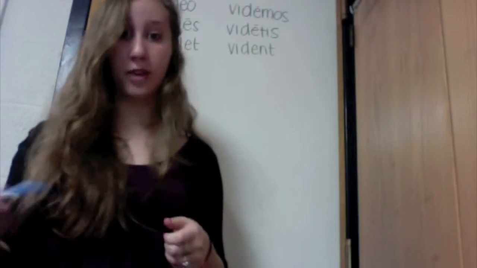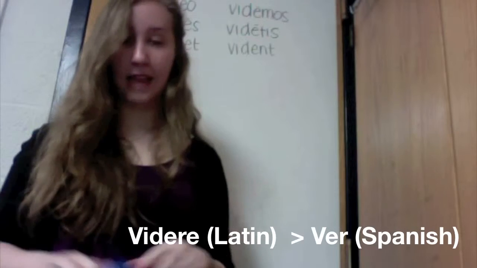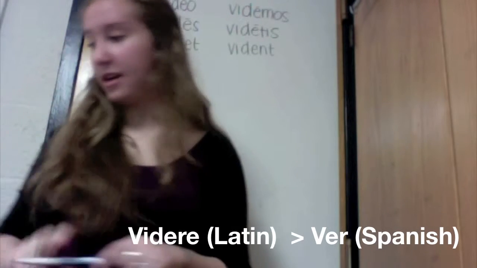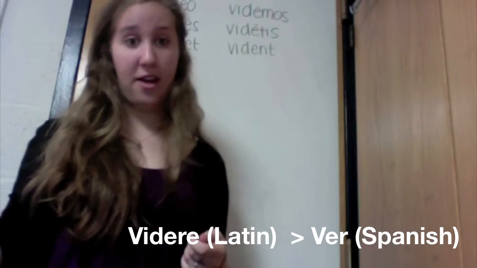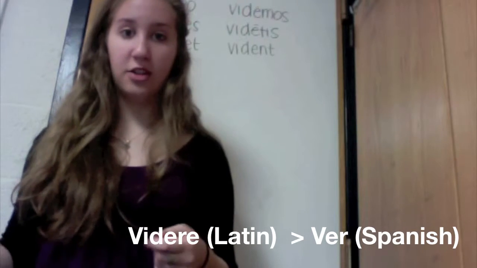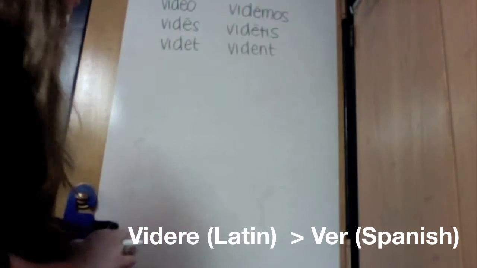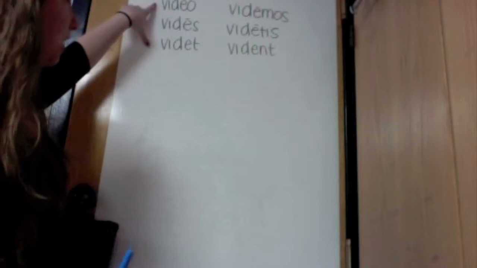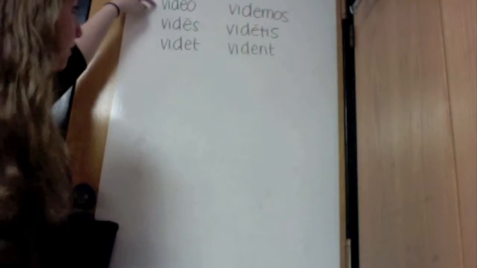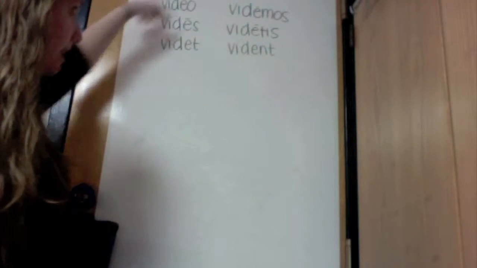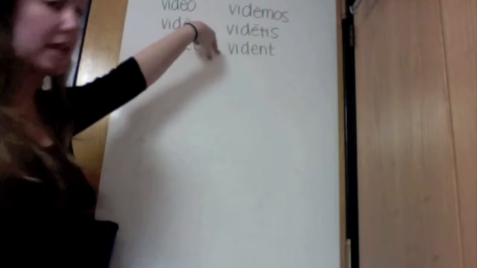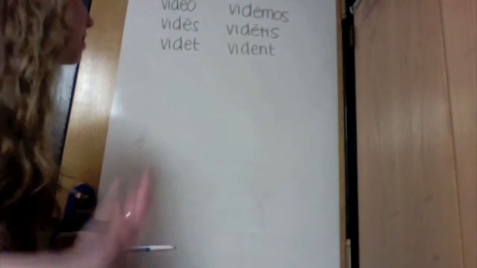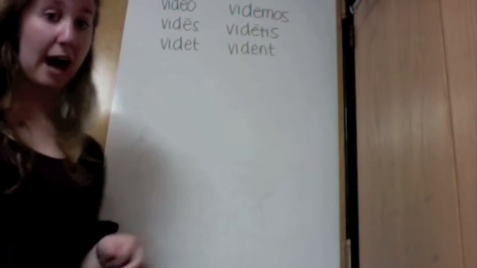Alright, so I'm going to take the verb videre, with a V, in Latin, and show you how it becomes ver, V-E-R, to see, in Spanish. This is how you conjugate videre in Latin: video, vides, videt, videmus, videtis, vident. So let's work with the I's first.